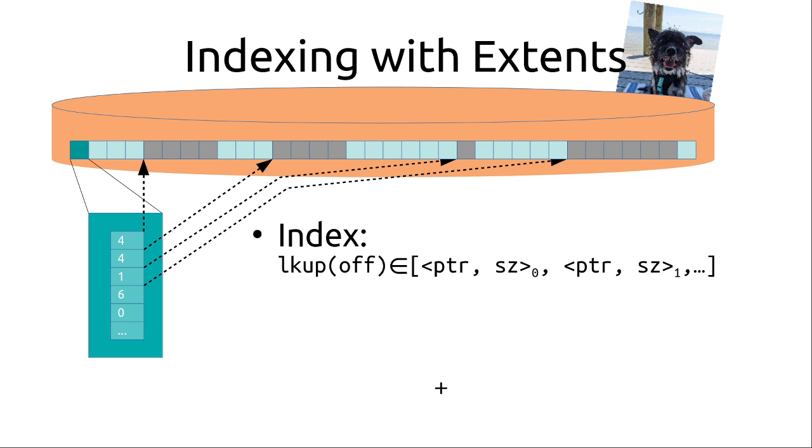So here's kind of a logical depiction of an extent-based file system or an extent-based index. On the left, we can see that the index is a logical array that effectively tells us that we can walk through the array to see, okay, the first 4 blocks are at this location, the second set of 4 blocks are at this location, the 9th block is at this location, and the 10th through the 16th block are at this location, right?